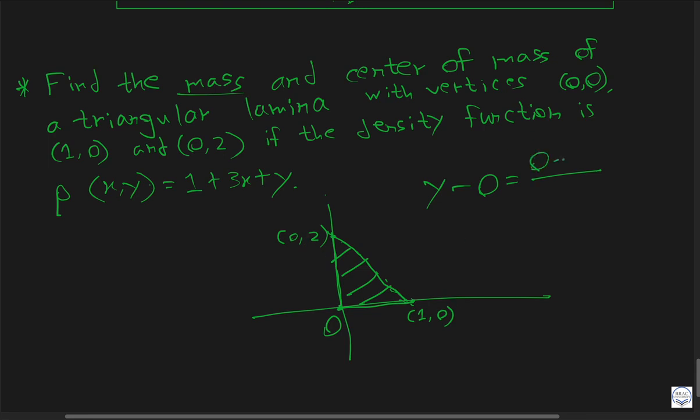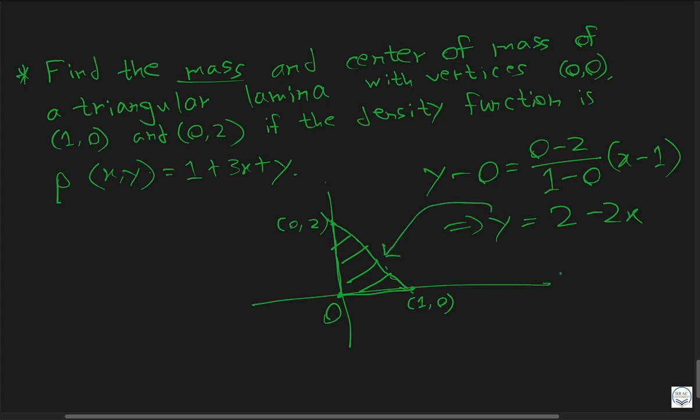So let's take 0 minus 2, y2 minus y1, divided by x2 minus x1, which is 1 minus 0, times x minus the x coordinate, so x minus 1. This will give us y equals 2 minus 2x. So this is the equation of this particular line.